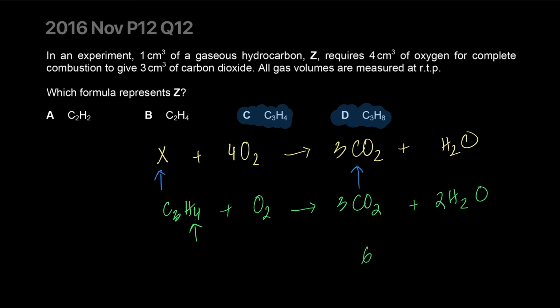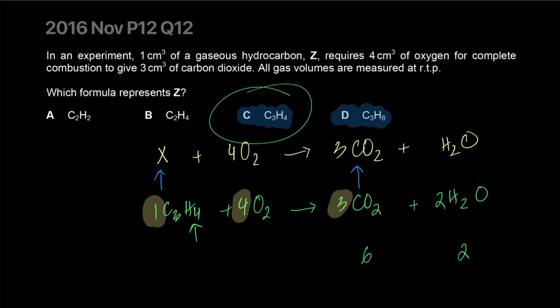We have 6 over here, 2 over here, a total of 8. Now we have a total of 8 on the left-hand side as well. That's balanced, and this is what we needed: 4 oxygens for every one of this. So the correct answer is C.